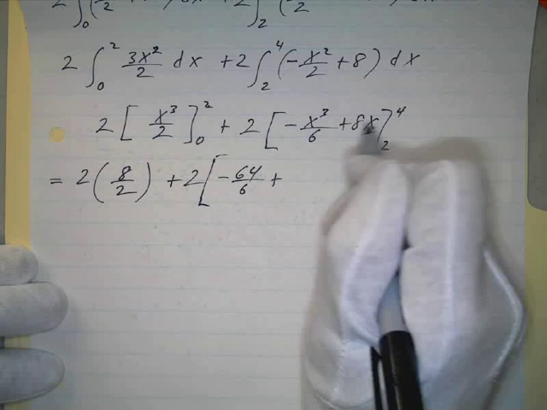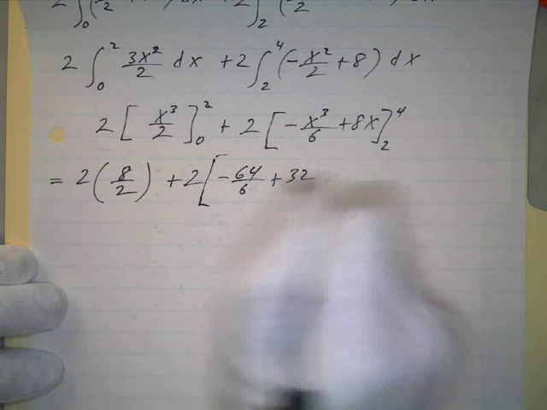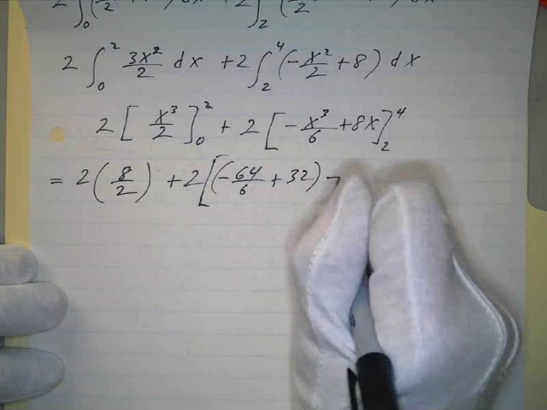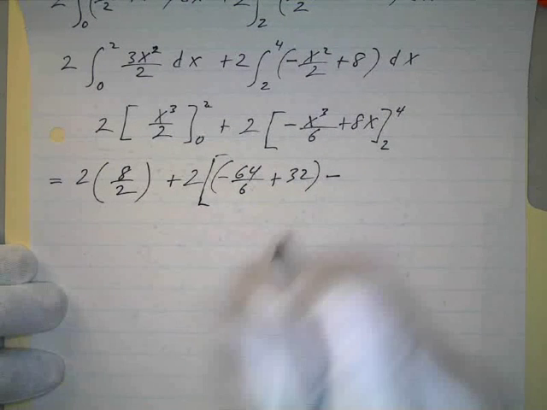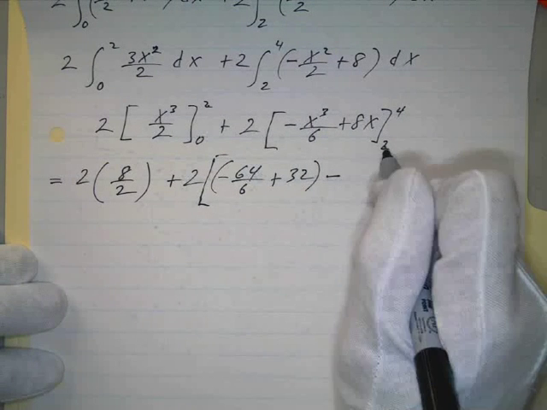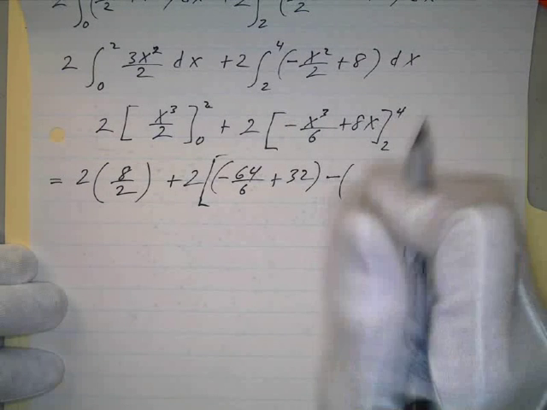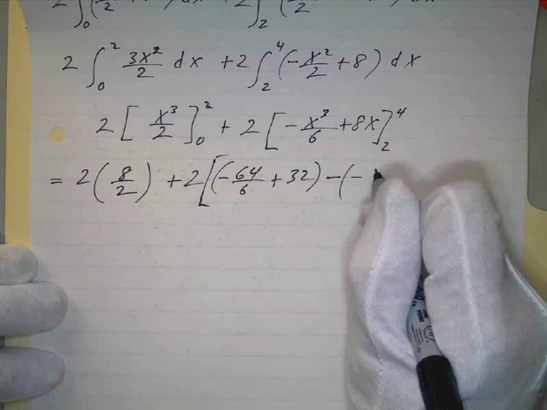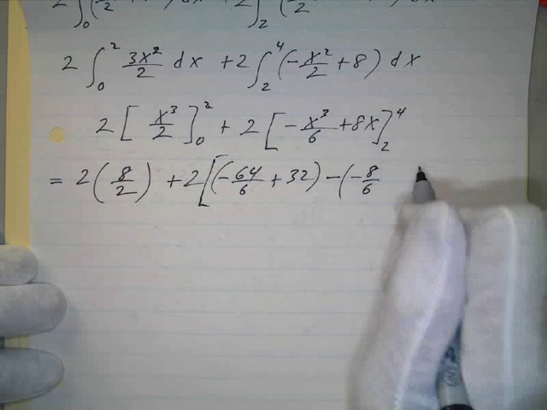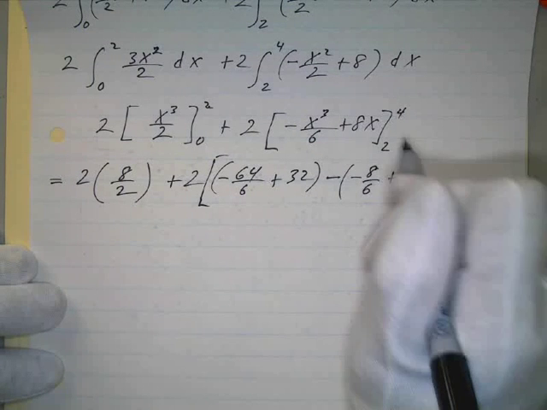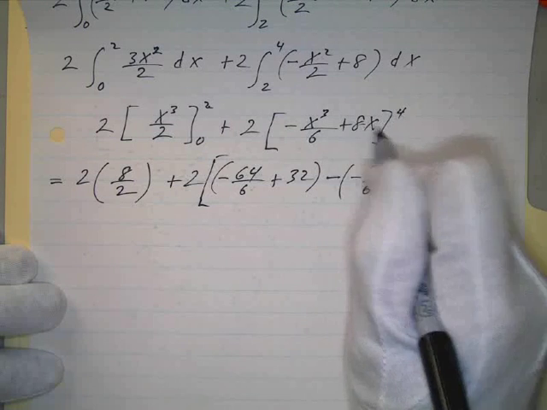Plus, and if I put 8 times 4 is 32. Then minus, so that's our fundamental theorem of calculus, F of b minus F of a. So I'll put 2 in here, so I'll put a parentheses, and negative, and 2 cubed is 8 over 6. And plus 8 times 2 is 16.